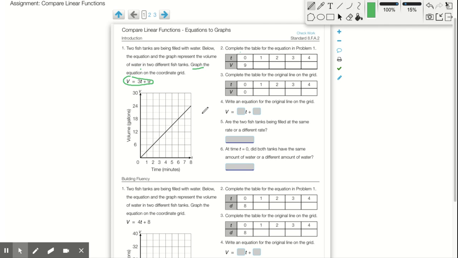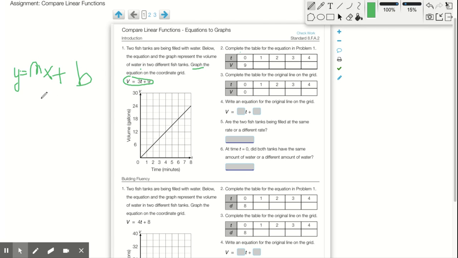Before we do that, this equation is in y-intercept form, which is y is equal to mx plus b.